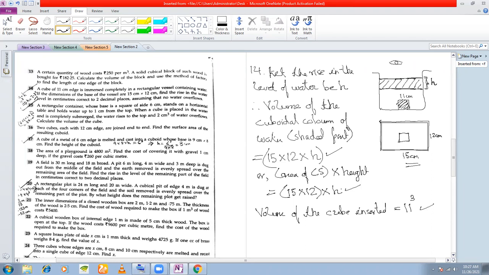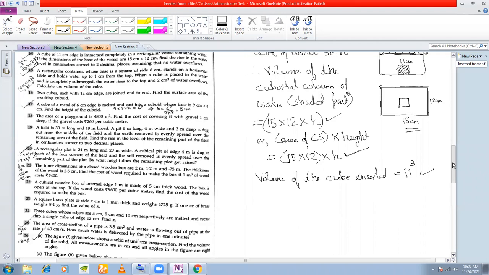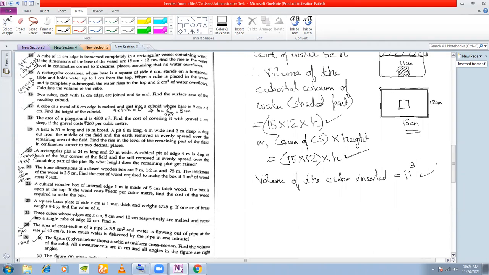Now this volume and this volume must be equal, because that is the amount of water displaced by this cube. In physics, you must have done something called the Archimedes principle. Have you done? Yes, sir. Somewhat similar to that, not exactly the same. When you are inserting the cube, the volume of water that is rising must be equal to the volume of the cube, right?